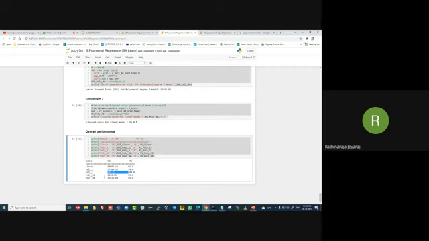After 3, it started increasing and it keeps on increasing. Now look at the R square value. R square keeps on increasing, and after a point it keeps on decreasing. So this is called underfit and this is called overfit. And what we want is the fit which is in the middle.